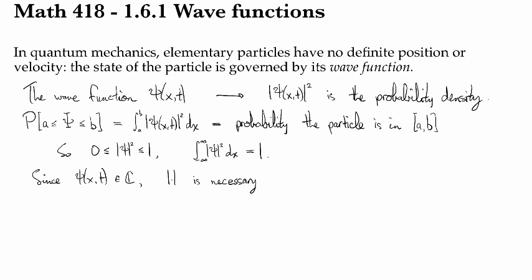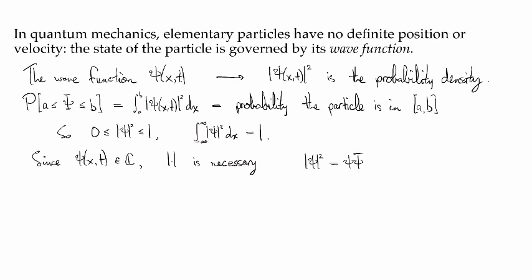So in fact, here this magnitude squared of psi, this is actually psi times psi conjugate. So if you're not too familiar with complex numbers, don't worry a whole lot about it. We're not going to use them a whole lot in this course.